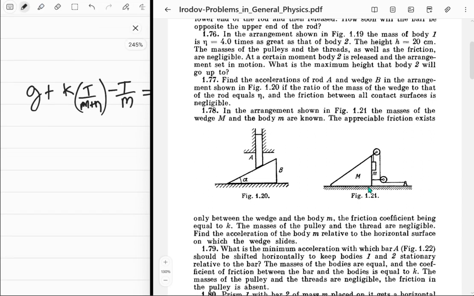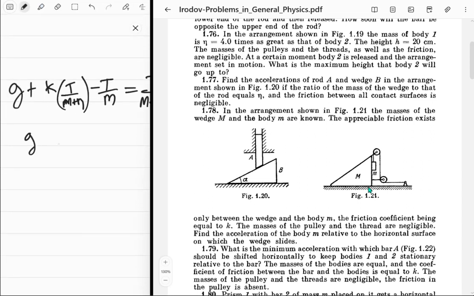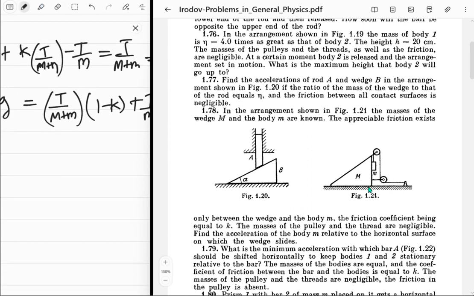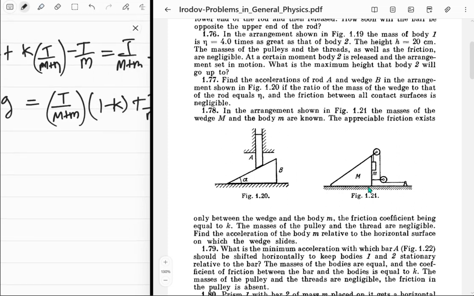Okay, let's do it. So g is equal to T upon small m, it's capital M, times 1 minus k plus capital T upon small m. This is so complicated. Now what?